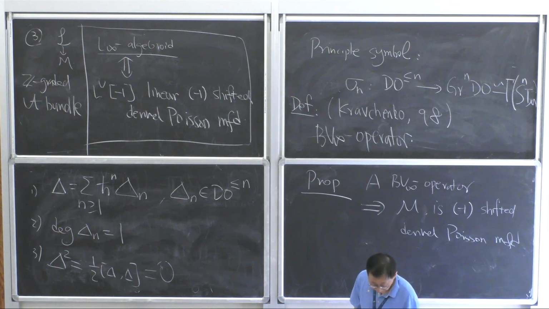In fact, the proof is very simple. How to get those brackets is just the derived bracket. There's the usual way of doing a derived bracket.